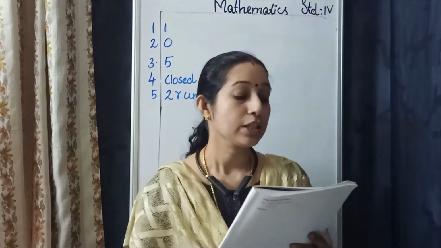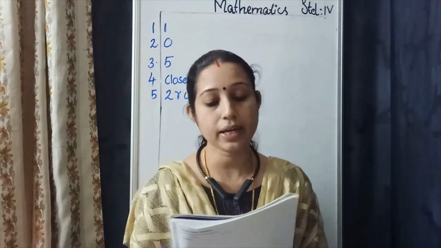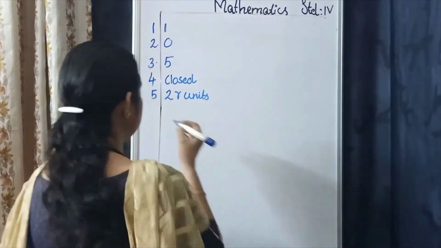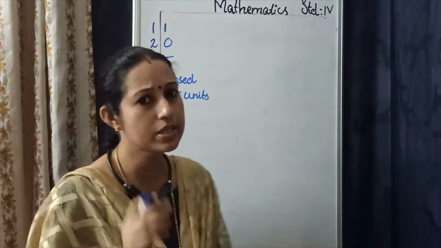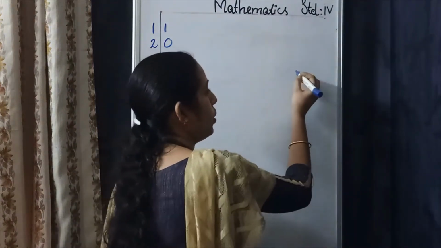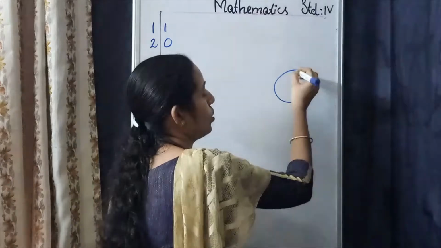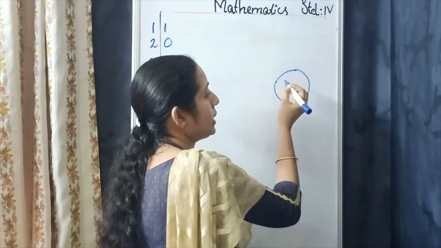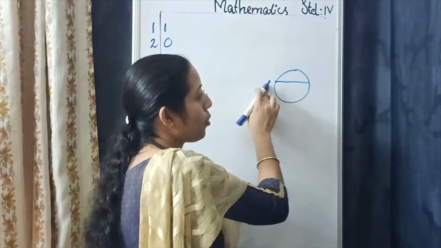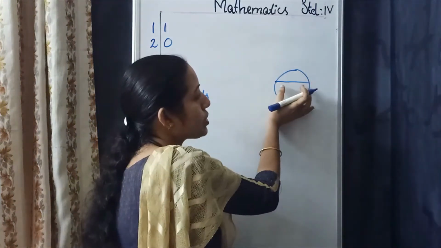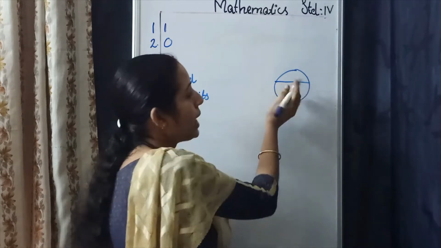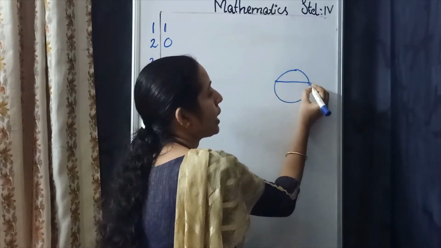Next, 6. The chord is a line segment joining, center, circumference. What is a chord? What is the definition of a chord? In a circle, the chord is drawn from one point to another point on the circle. This has an exact length, we can measure the length, and it has one end point here and one end point here.